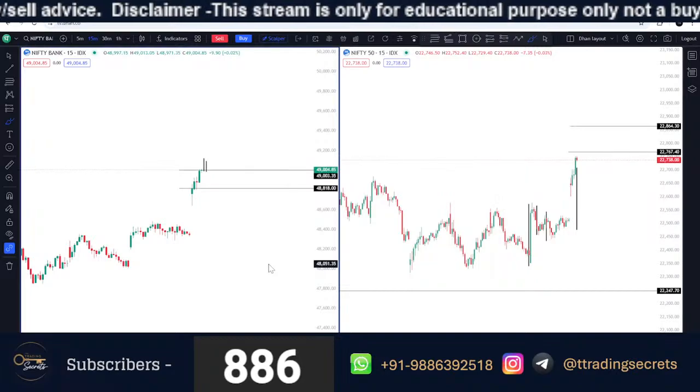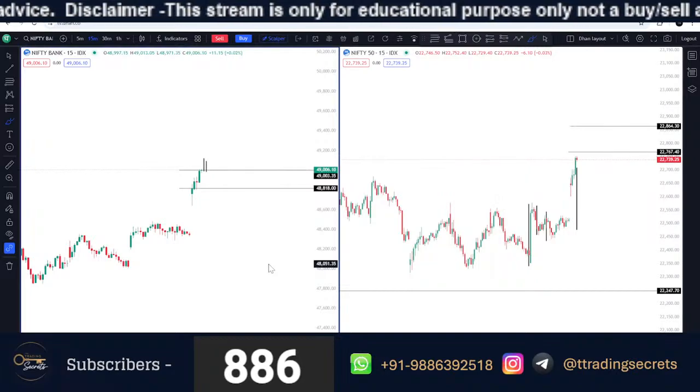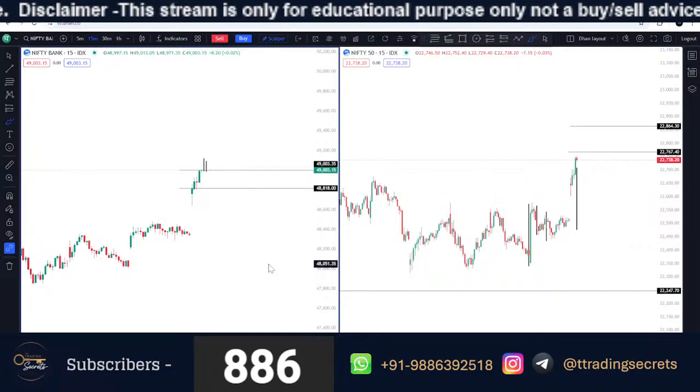Point of interest range where retailers SL fund happens. Yes, that's right.